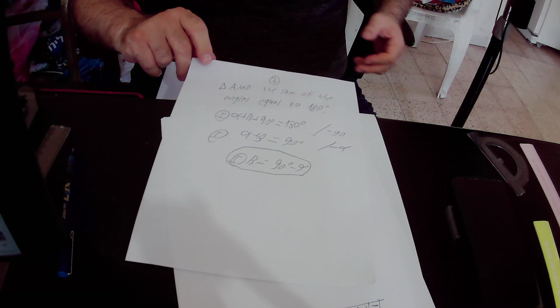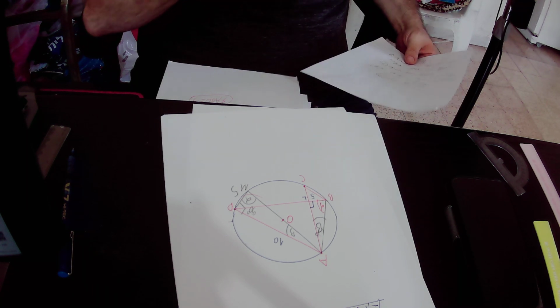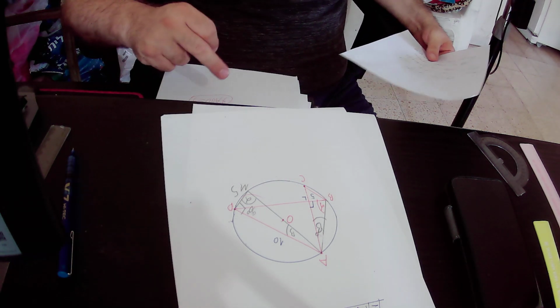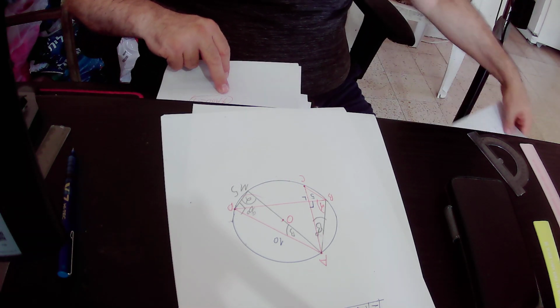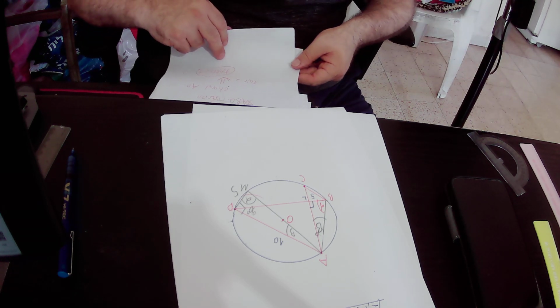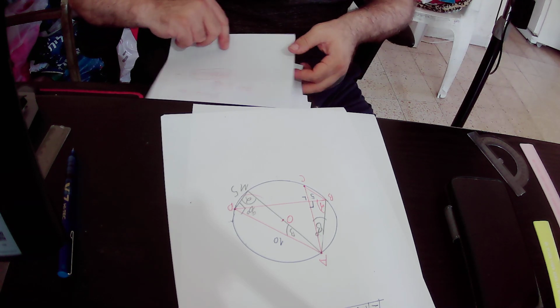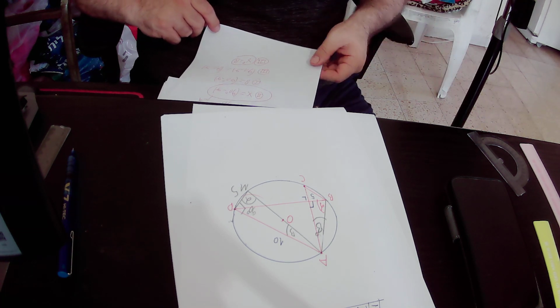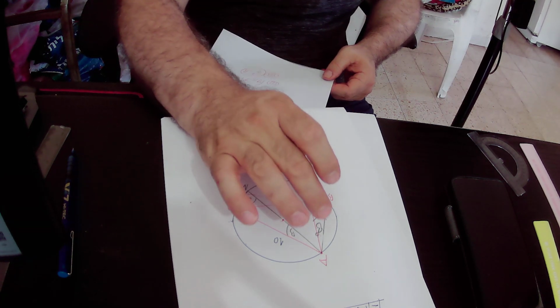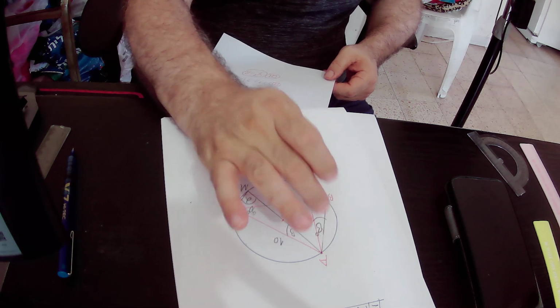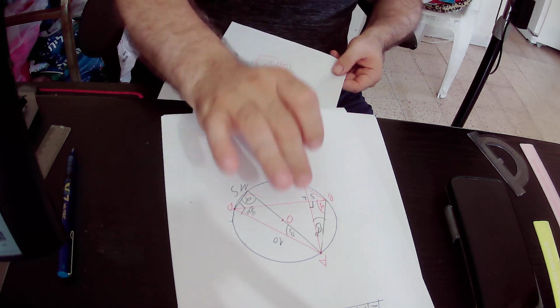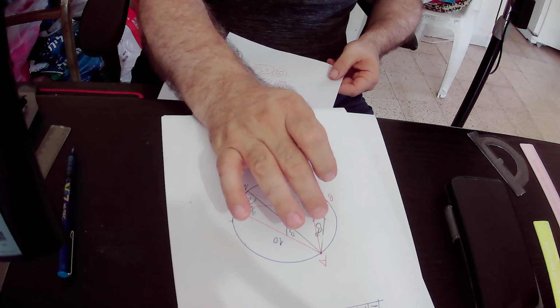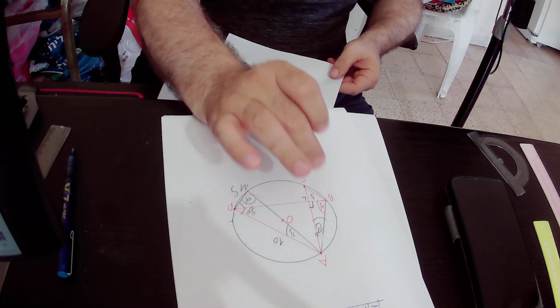Okay, so beta equals 90 degrees minus alpha. We will now focus on the right triangle ABL. We know that the sum of the angles in any triangle equals 180 degrees.